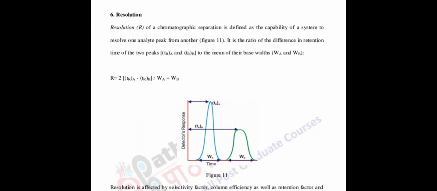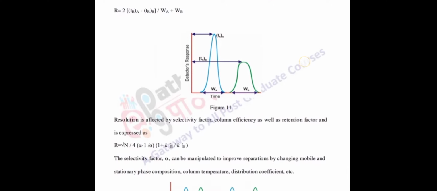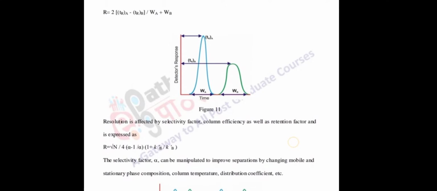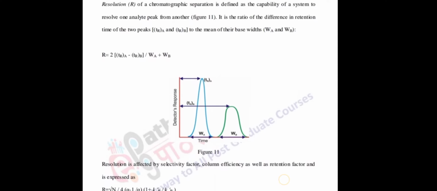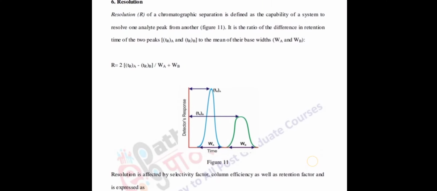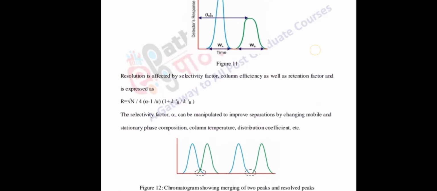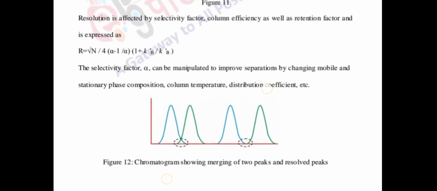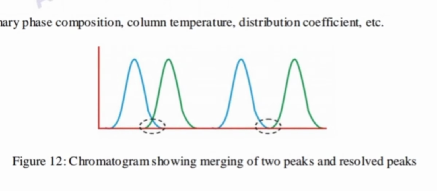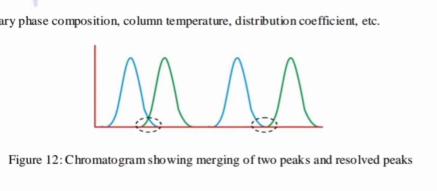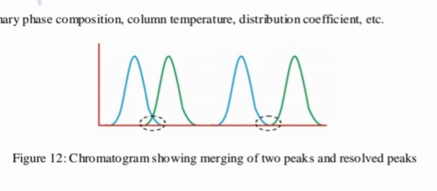So it is very important for the selection that the retention time is different for each and every peak. If it is not clear, as you can see in this graph, if peaks are overlapping, then it is wrong. If peaks are separated, then it is right.